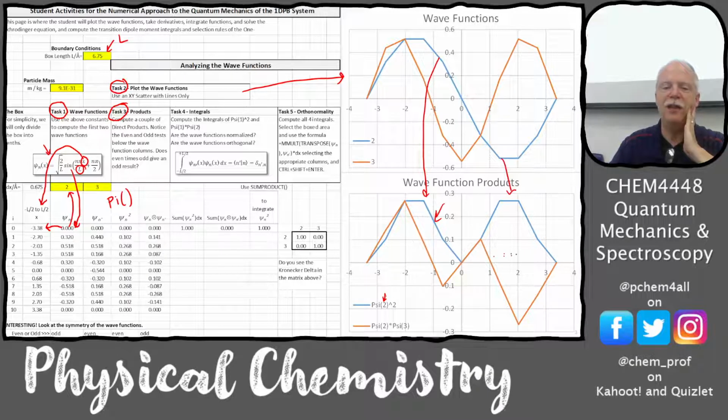And then if I integrate this over all space, the sum of wave function squared times dx. Where's dx? Dx is right here. So anytime you do your integrals or your matrix multiplications and so on, you've got to multiply by dx, or you're not getting the area under the curve. You're just getting the vertical lines. So what is this integration? Notice these are the heights of the curve.